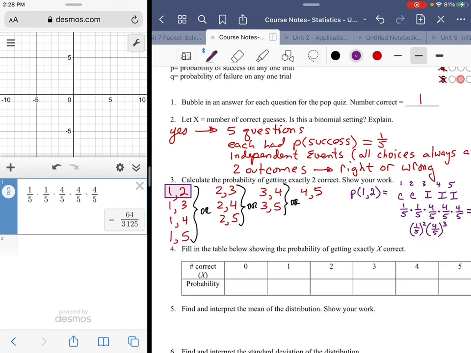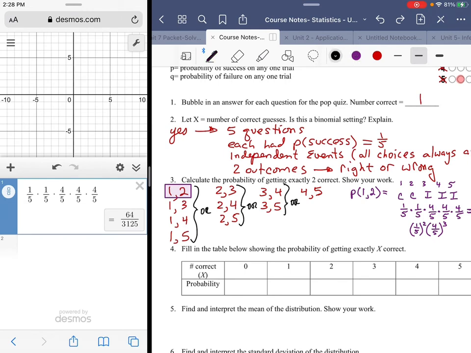Whether it's 1 and 2, 1 and 3, 1 and 4, 1 and 5, 2 and 3, and so on, all those possible pairings are each going to have the probability of 1/5 squared times 4/5 cubed.